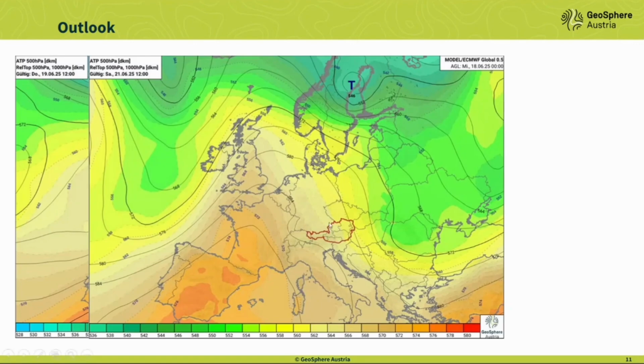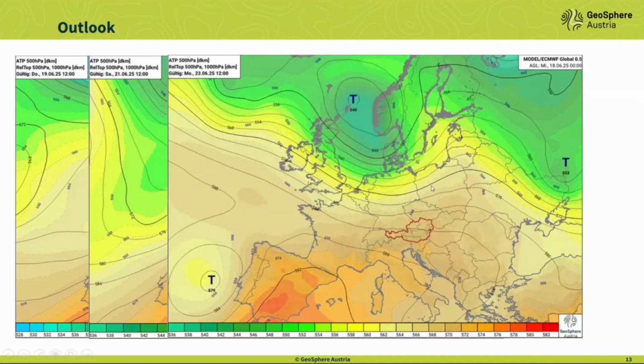Let's see what happens. And then if we jump to the beginning of next week, there might be some changes. The ridge is retreating more to the south, and in Central Europe, a westerly flow looks like it will be dominating in the beginning of next week. But yeah, let's see what really happens. There's still some time until then.